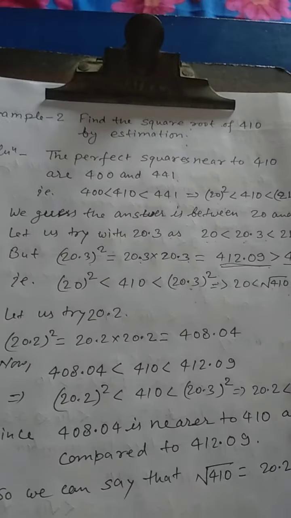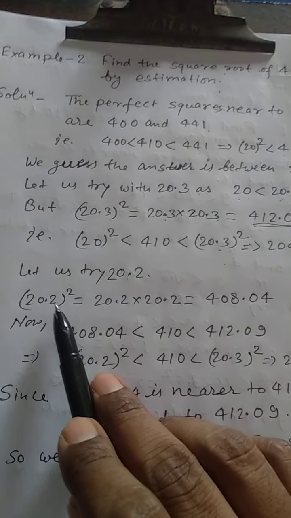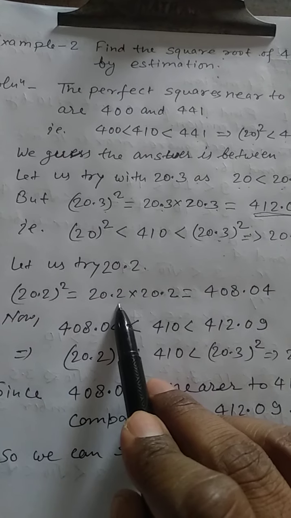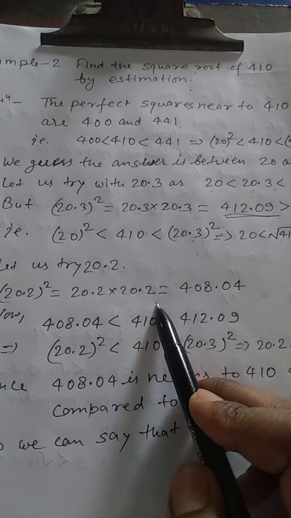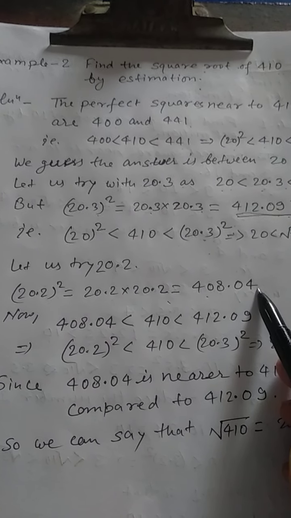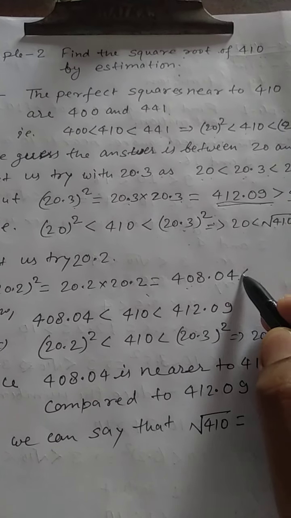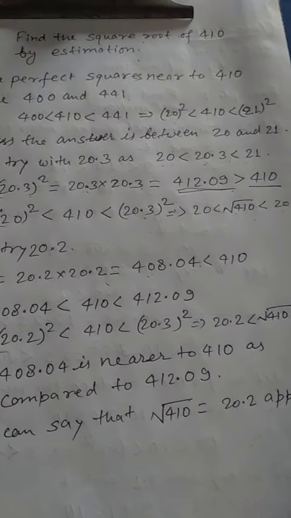Now once again we try, this time for 20.2. 20.2 square is 20.2 into 20.2, which is 408.04, and you know 408.04 is less than 410.